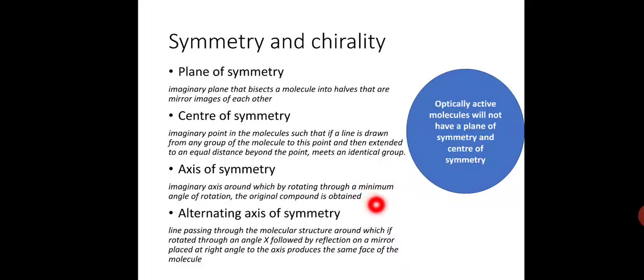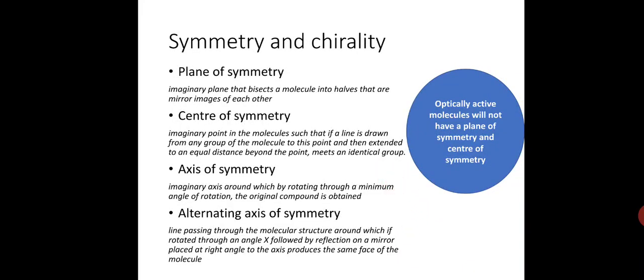An axis of symmetry is an imaginary axis around which, by rotating through a minimum angle of rotation, the original compound will be obtained. An alternating axis of symmetry is actually a combination of 2 symmetry operations: a reflection as well as a rotation.